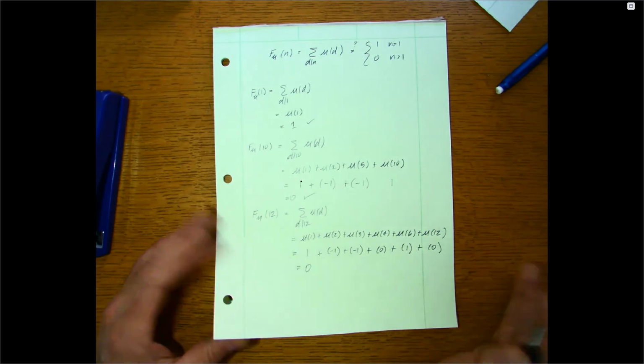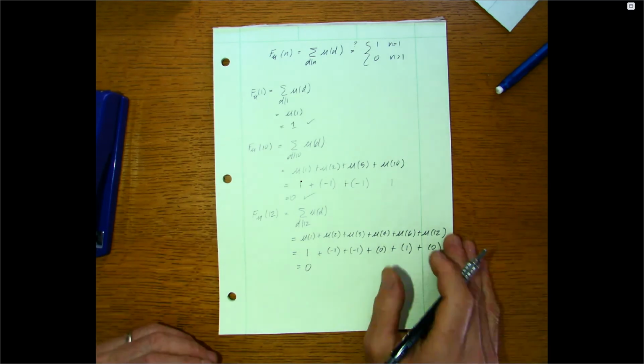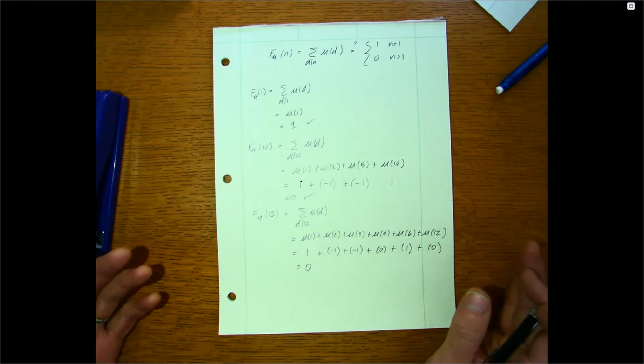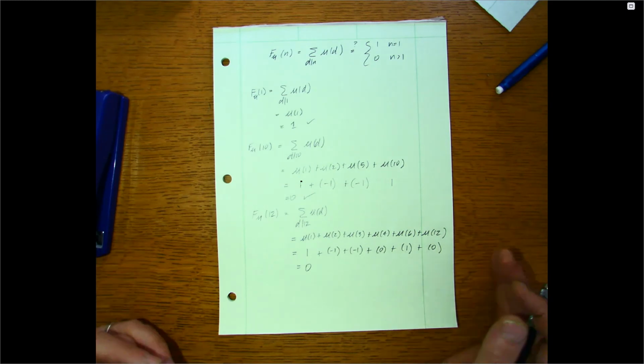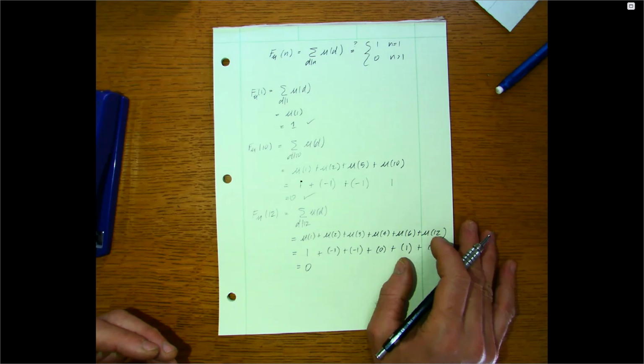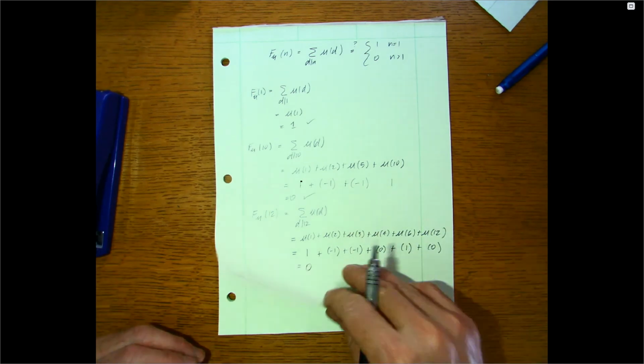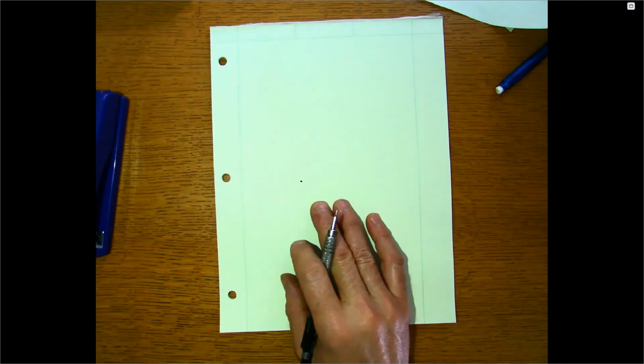I don't know if this is somewhat surprising to you, but it was to me the first time I saw it. When we count up the mu evaluated across the divisors of a number, the sum is always 0 unless that number happens to be 1. So let's go ahead and prove that.